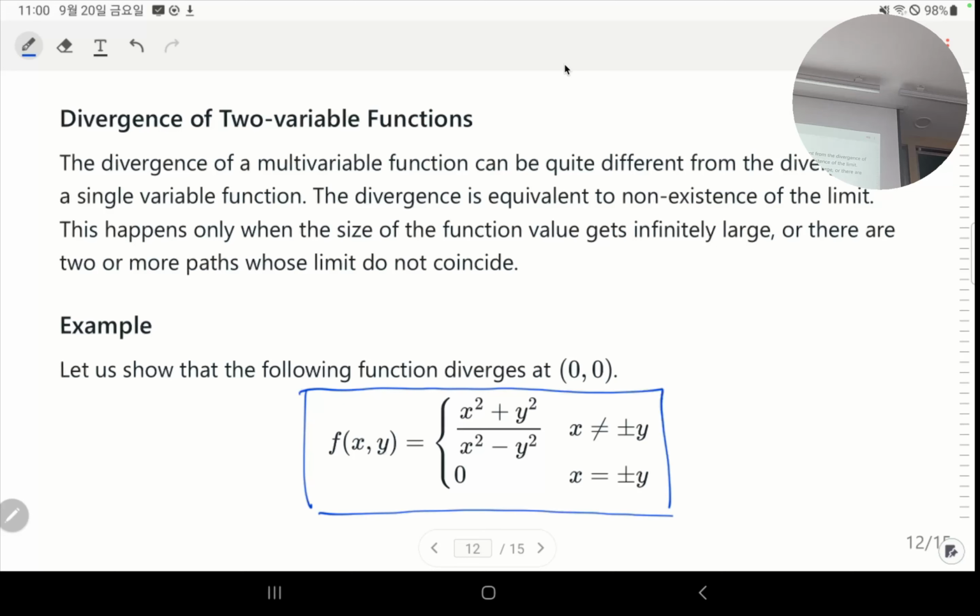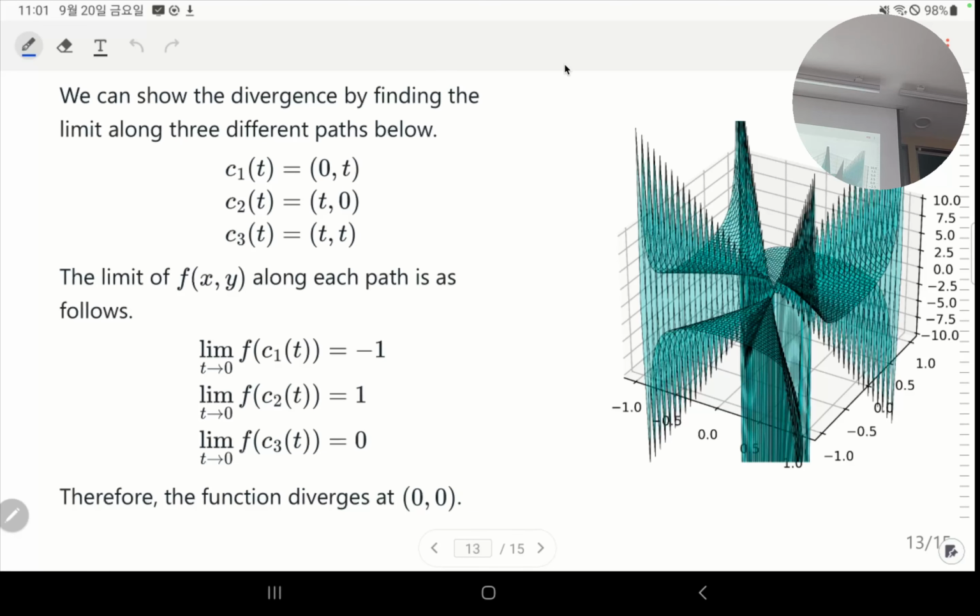So I had to set the exception where, when x is equal to plus or minus y, I force this function to be 0. It's somehow a weird function, and you've probably seen this picture already. If you plot the surface of this function, it looks like this. You can see that there is an asymptotic plane across the x equals y line and the x equals minus y line.